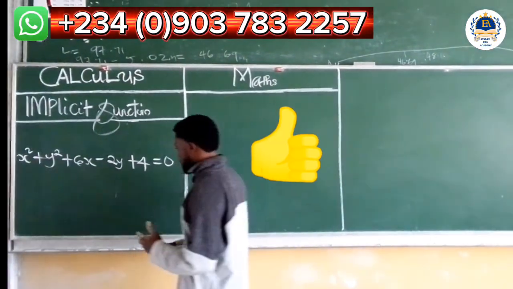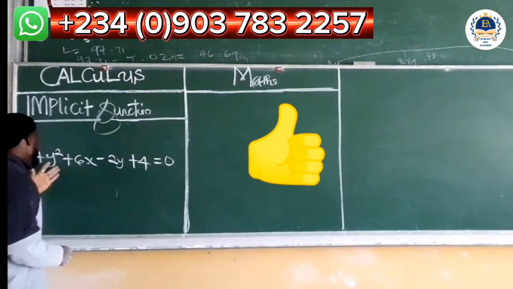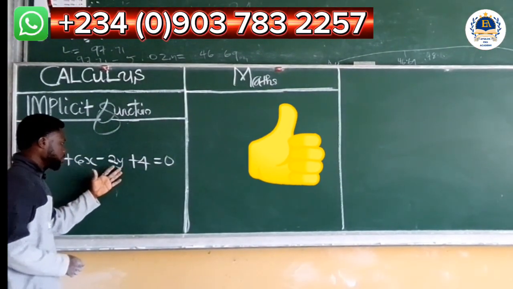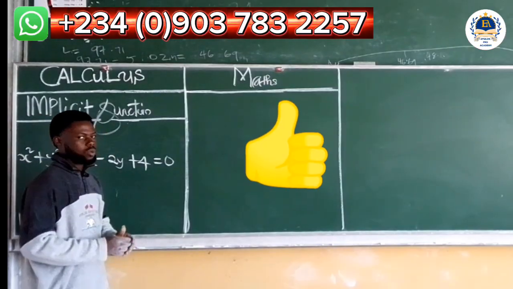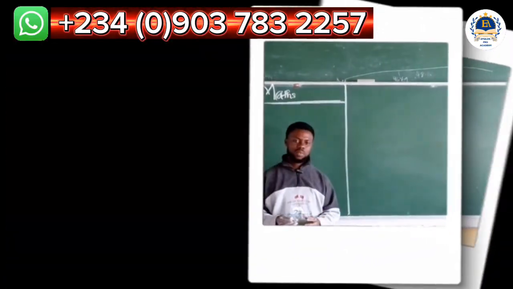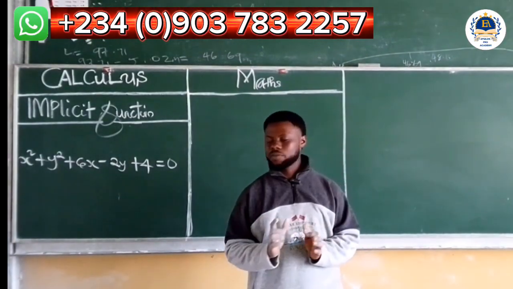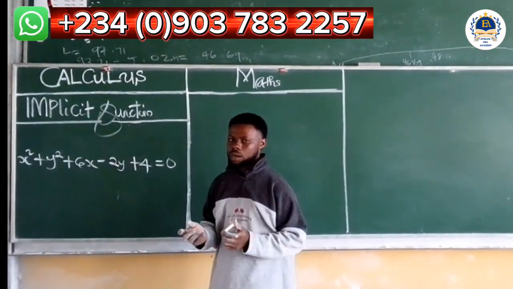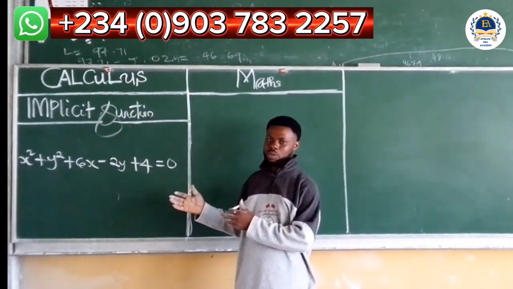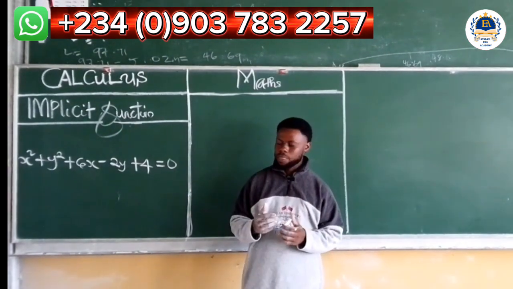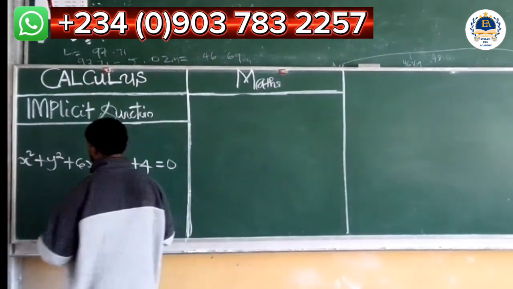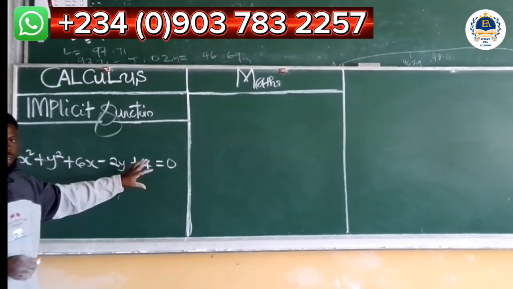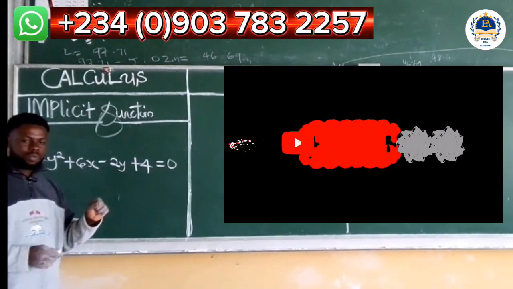The question is x squared plus y squared plus 6x minus 2y plus 4 is equal to 0. Now this is an implicit function. We observe that x and y variables are mixed up in the equation on the board. So we are going to differentiate each of the respective terms with respect to their variables.